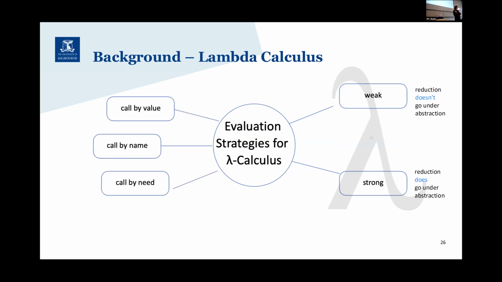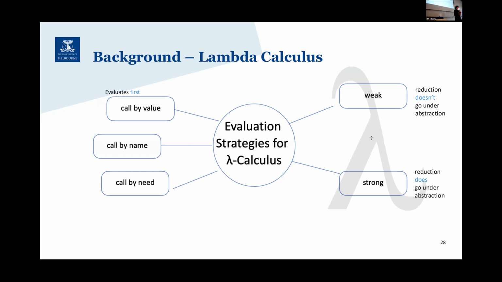Then another thing is we have lots of different strategies specifying the order of beta reduction that we are carrying out. The most popular ones are call by value, call by name, and call by need. For call by value, we evaluate the function arguments first before we actually substitute them into the function calls. So the reduction happens first.